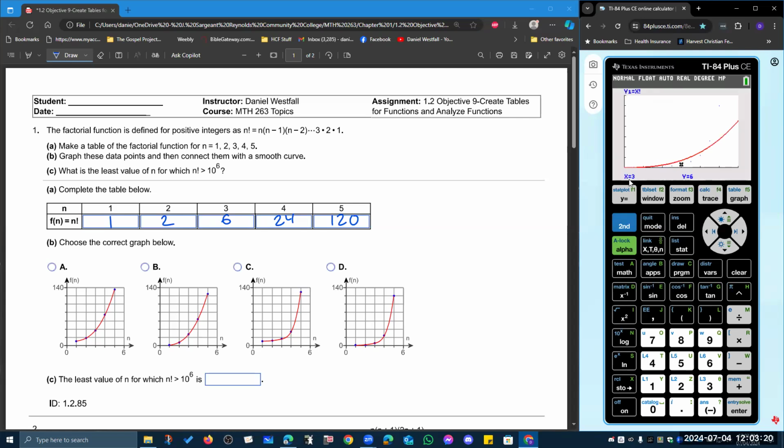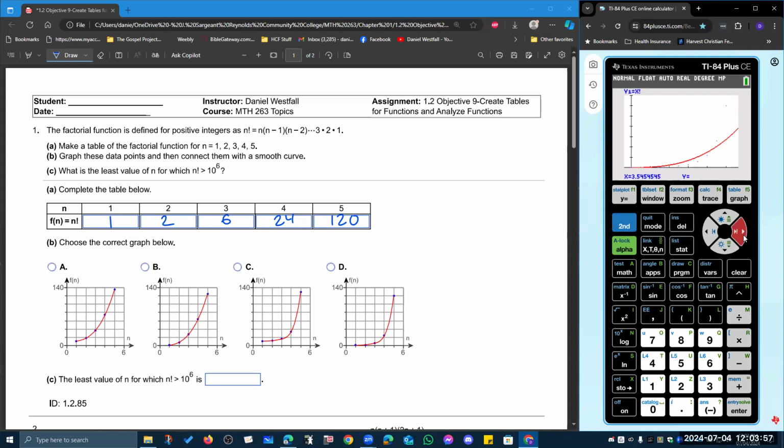So the points there are right there. You can see there's 0, 1, and then 1, 1, 2, 2, so on. And it's just some points. They're right there.